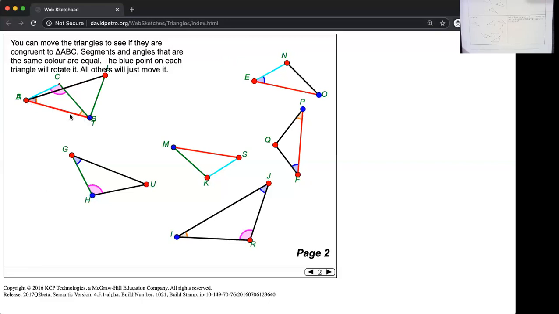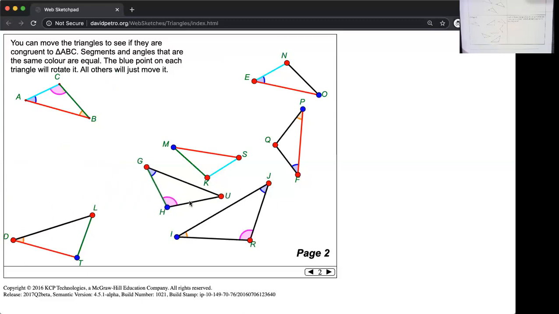And now the 2 red sides are lined up, but I can easily see that these 2 triangles are definitely not congruent. So I'm going to take this triangle, I'm going to drag it somewhere on the left. So I know that, okay, that one is not congruent. So triangle DLT not congruent.